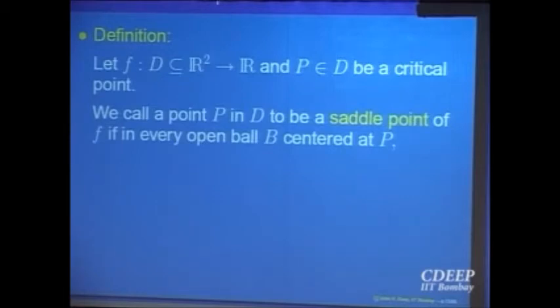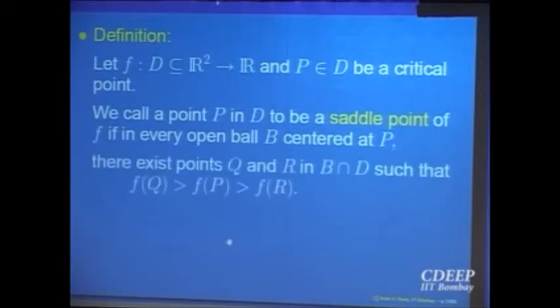The value at 0, 0 is 0, but howsoever small a neighborhood I take, there is a point where the value is negative and a point where the value is positive.